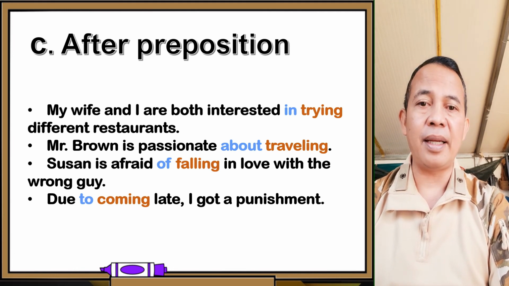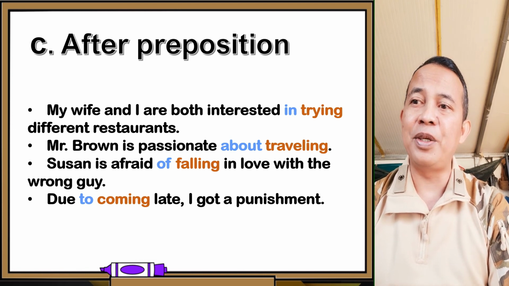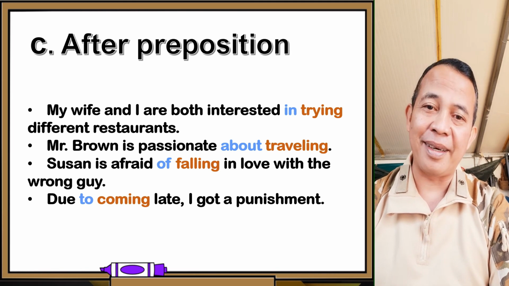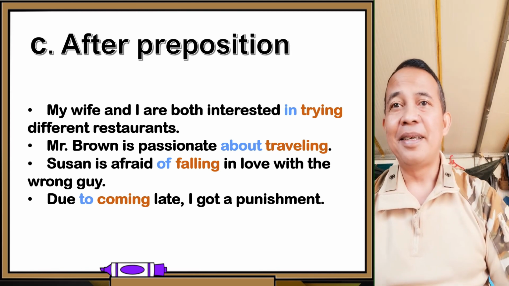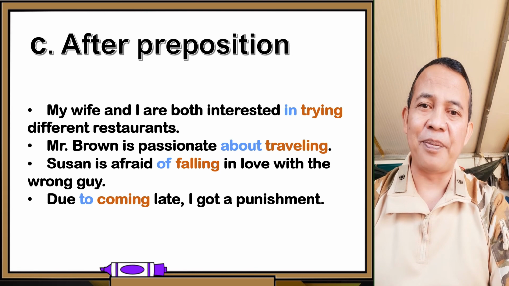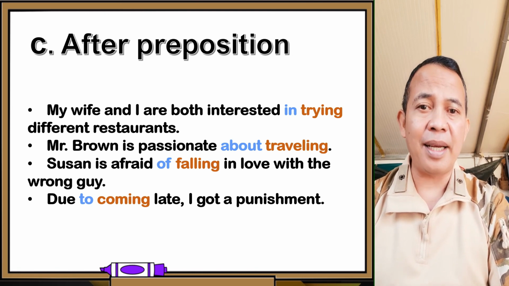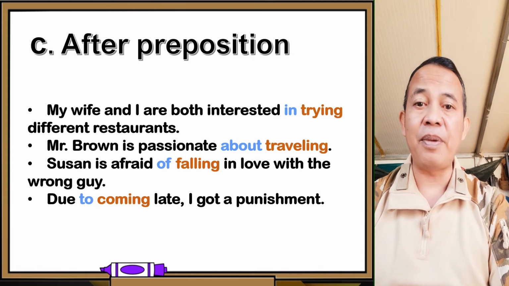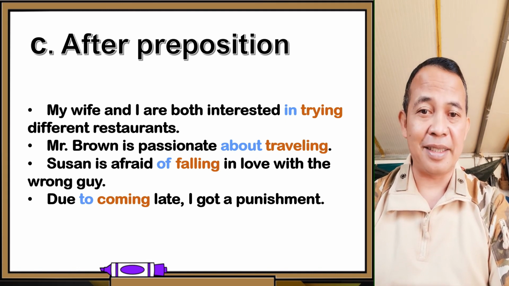Due to coming late, I got a punishment. I intentionally use this phrase, due to, because a lot of the time when I hear people using due to, they misunderstand that to there is actually a preposition. It cannot be followed by a verb. It cannot be followed by a sentence either.